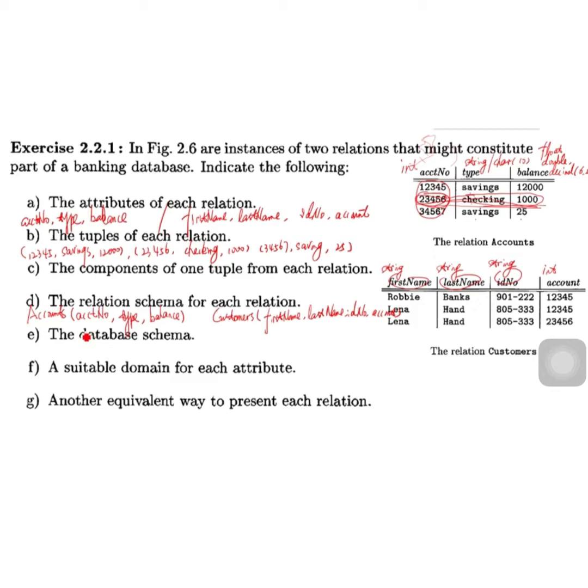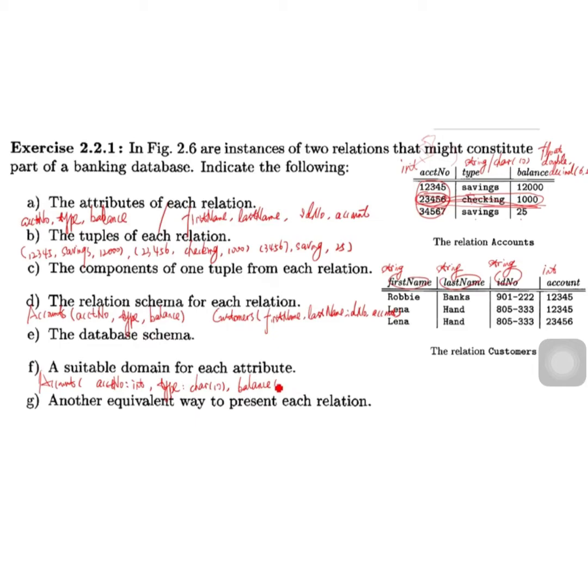Now we can write the relation schema like this. Account number, and the domain. We can add the domain to the relation schema. Type, char, and balance.